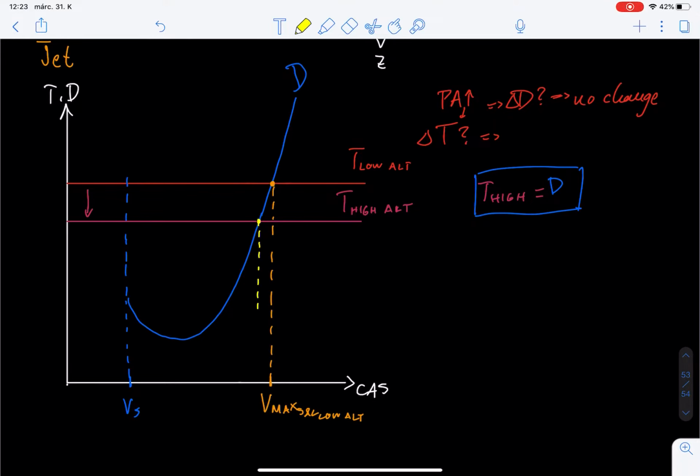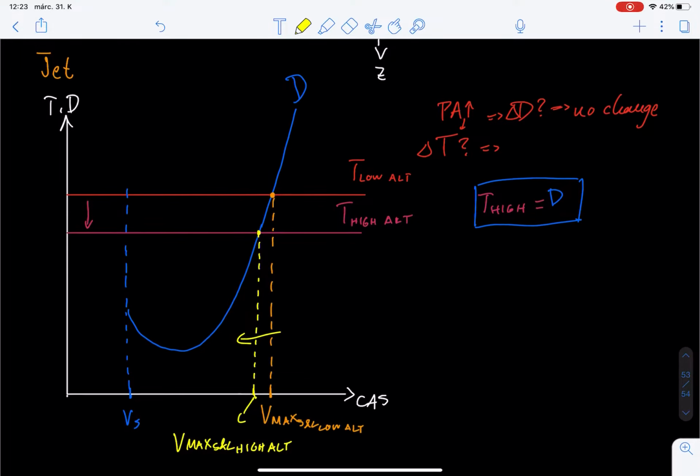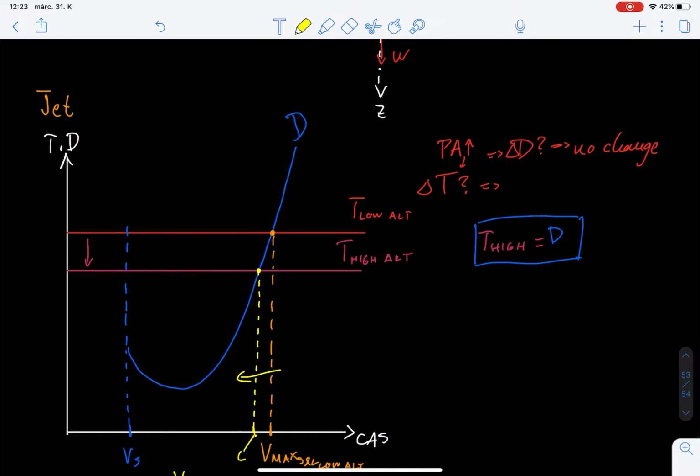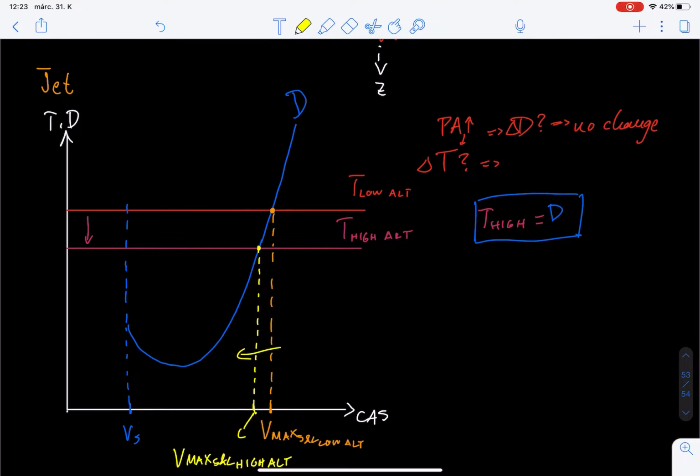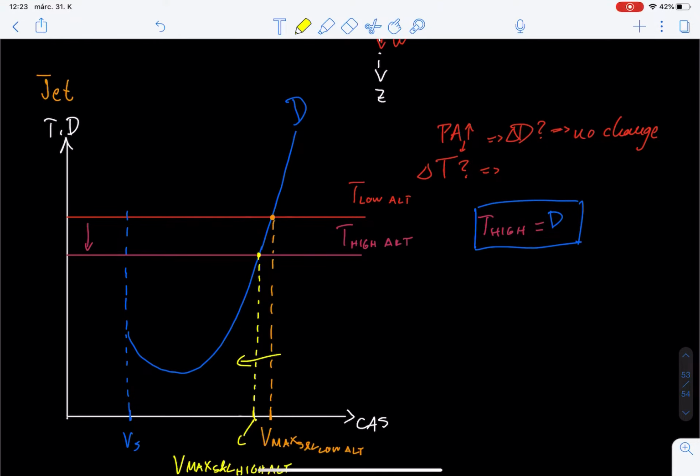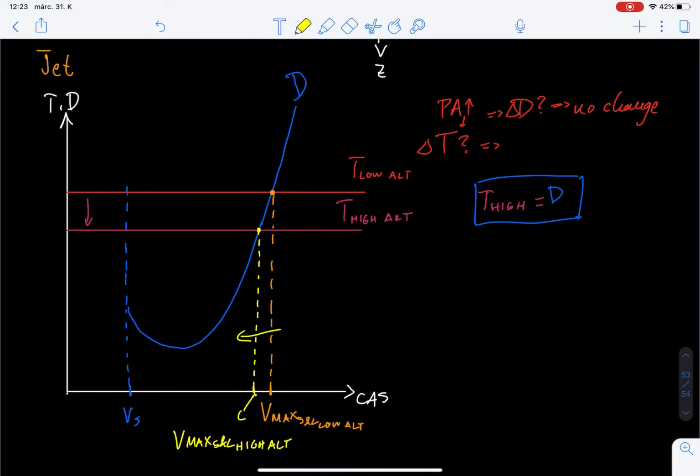So what we can see is that this one is going to be the Vmax S&L, S&L meaning straight and level, at high altitude, and the speed got reduced. It's lower now, right? So this is the general effect of pressure altitude on the maximum straight and level speed.